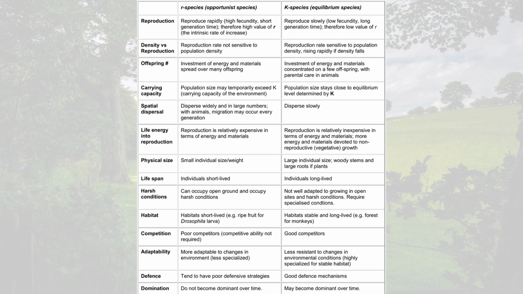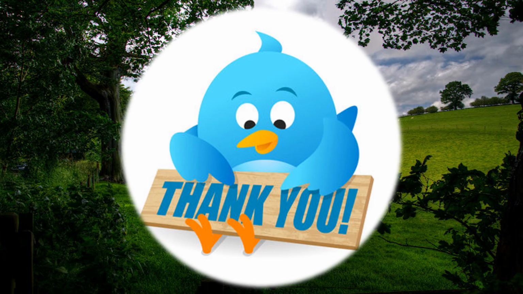They are more adaptable to the changes, and they have poor defense, and they produce many more offsprings, and their metabolism is also very fast. And these are some of the characters of R species, which is totally opposite of K species. So from this link, you can easily answer your questions. This is all from me today. Thank you.